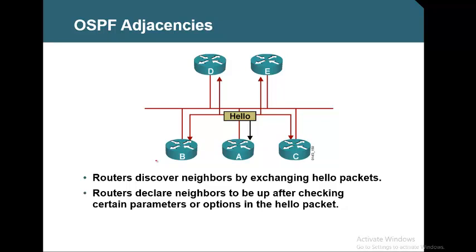So the second point here says the router declares the neighbor to be up after checking certain parameters. That's what I'm talking about when we say certain parameters need to match what is set: the timer, the mask, the prefix, the area ID, the authentication string, stub, all these things must match.